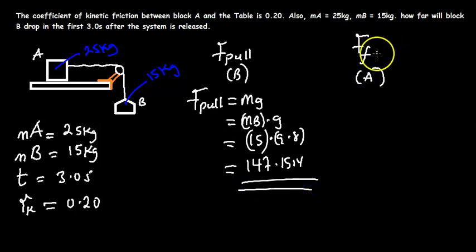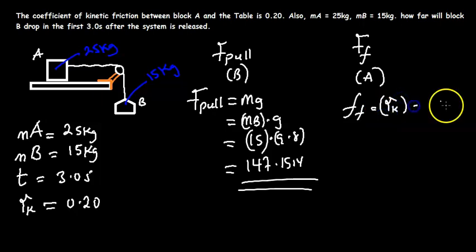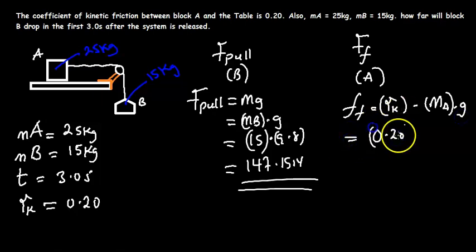So for the next one, which is the friction force, let's put it as F friction, which is going to be mu k multiplied by ma, and remember to put in your gravity, which is 9.8. It is the same thing as saying 0.20 multiplied by the value of A, which is 25, multiplied by 9.8.